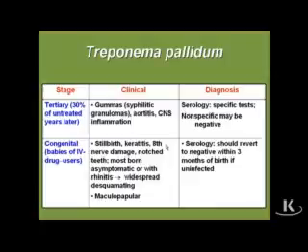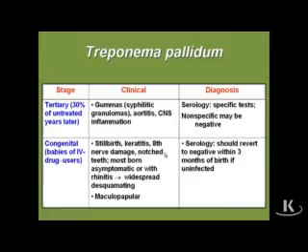Notched teeth. Sometimes they're called Hutchinson teeth, and you'll notice the teeth on the children will actually have very deep ridges in them or notches. Now, the other thing that you can see is tabes dorsalis again, and that's not necessarily listed there, but that's also very common as far as congenital syphilis.